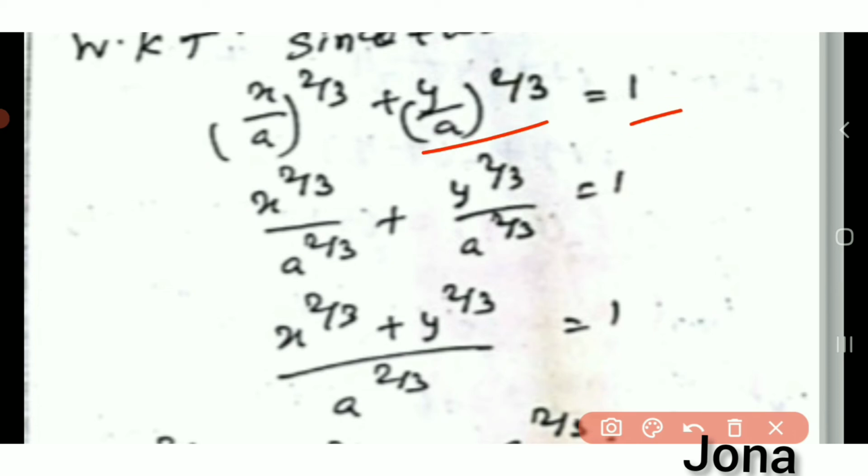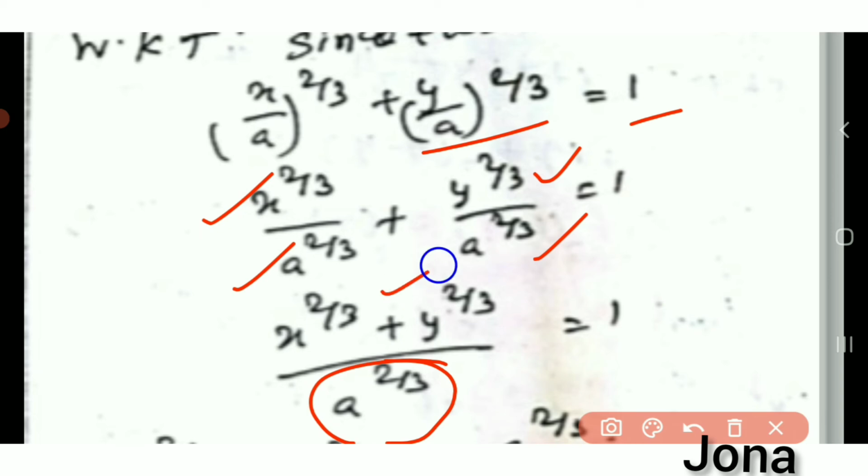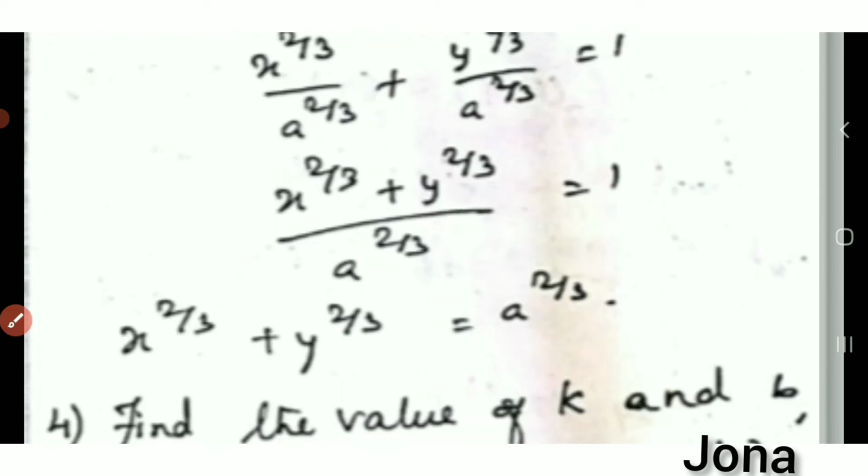Taking the power on both numerator and denominator, x power 2 by 3 over a power 2 by 3 and y power 2 by 3 over a power 2 by 3, both have the common denominator a power 2 by 3. At the numerator we have x power 2 by 3 plus y power 2 by 3 equal to 1. Then cross multiplying, we have the locus as x power 2 by 3 plus y power 2 by 3 equal to a power 2 by 3.